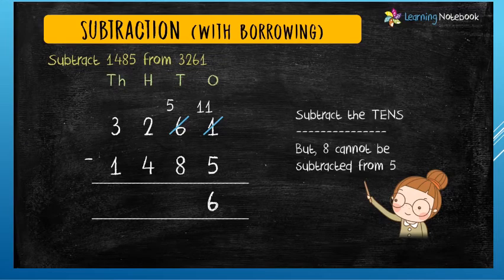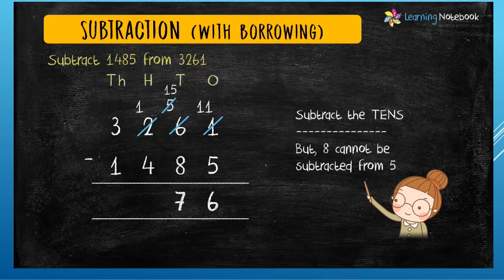But again 8 is bigger than 5. So 8 cannot be subtracted from 5. So let's borrow from hundreds place. So 2 becomes 1 and 5 becomes 15. Now we can subtract the digits at tens place. That is 15 minus 8 equals 7.